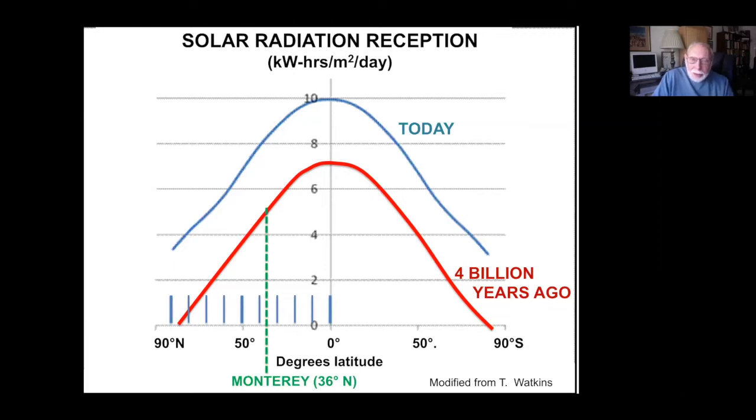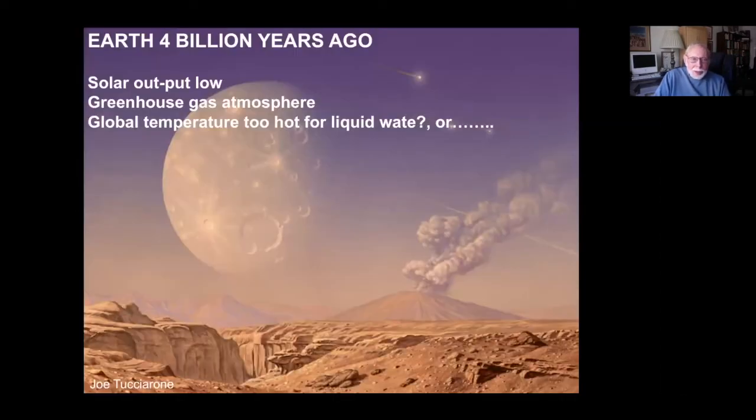So we just don't really know that much about the Earth's early history, but the solar output was low. It was a greenhouse gas atmosphere, and were the global temperatures too hot for liquid water, or could it have existed from time to time?